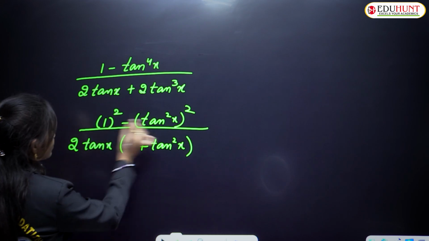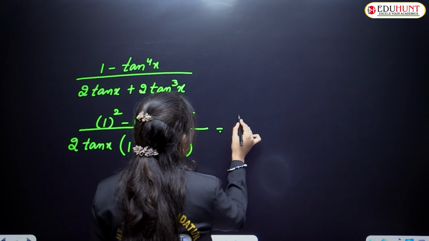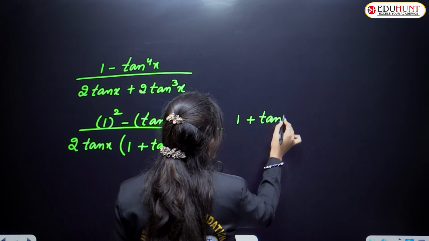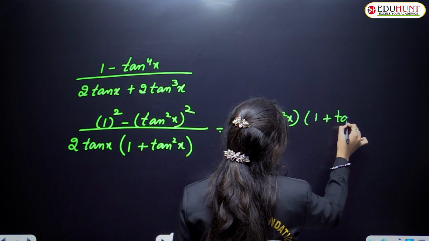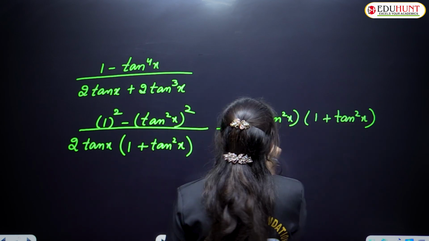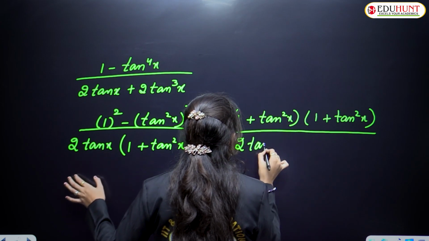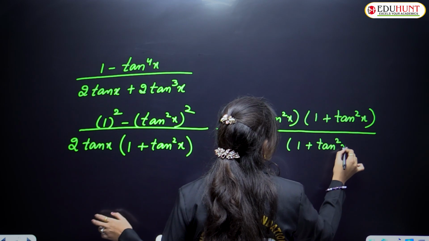So which is equal to, this is in the form of a square minus b square. So the a square minus b square form is (a plus b) into (a minus b). So (1 minus tan square x) into (1 plus tan square x), whole by 2 tan x into (1 plus tan square x).